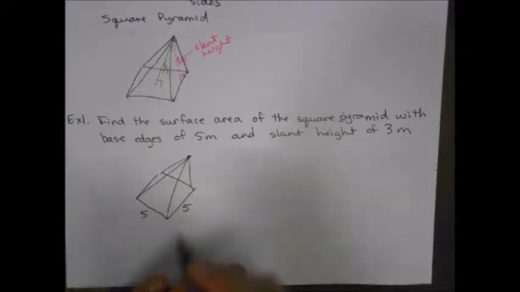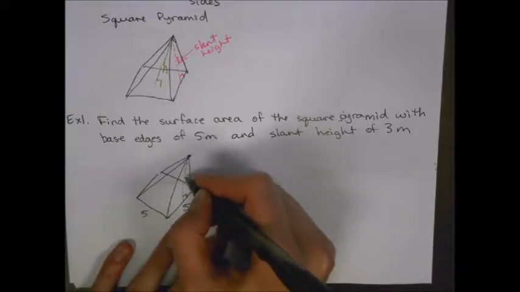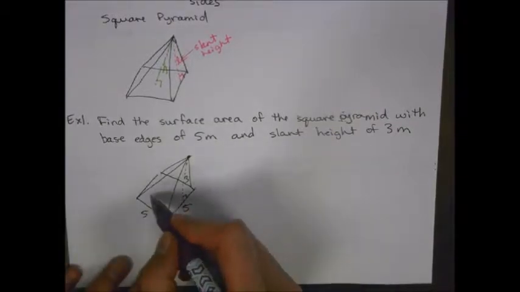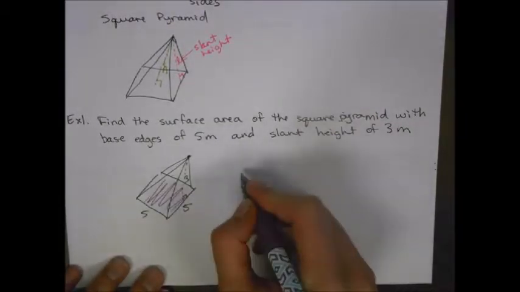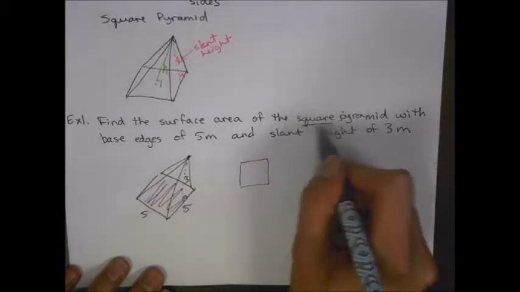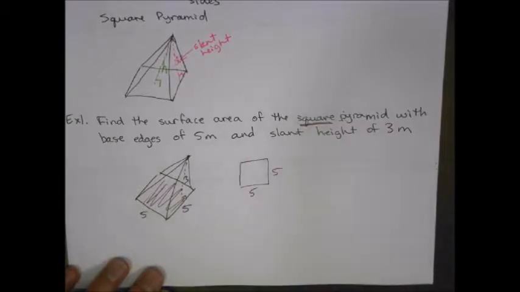Now for surface area, we're going to find the area of all of our faces. Base number 1 is our base. What's our base? A square. That's 5 by 5. And then we have all of our sides. Now our lateral faces, by definition, lateral faces are triangles.